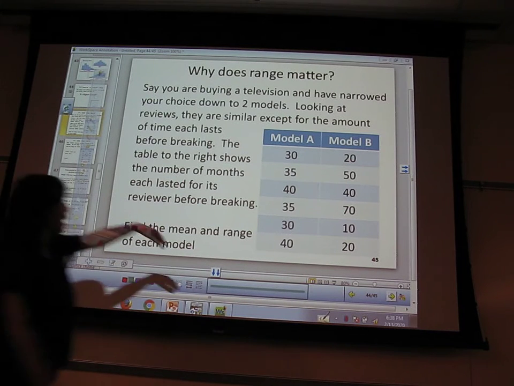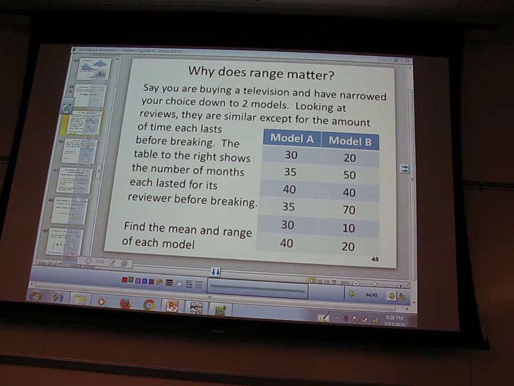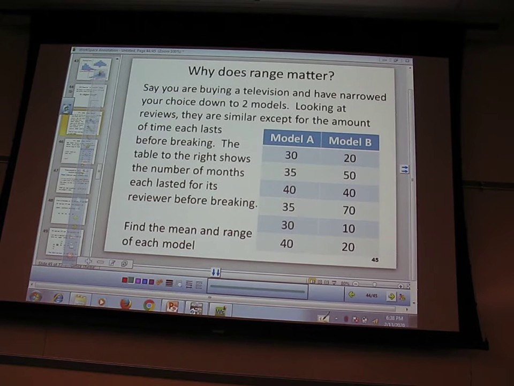Find the mean of model A. Of those 6, add them up, divide by how many there are. And then find the range. For range, you just find the highest and lowest of each of them.